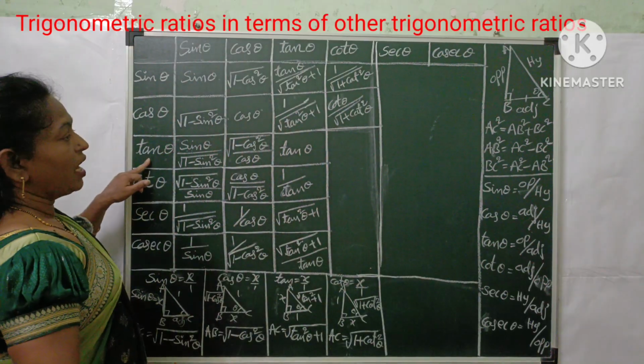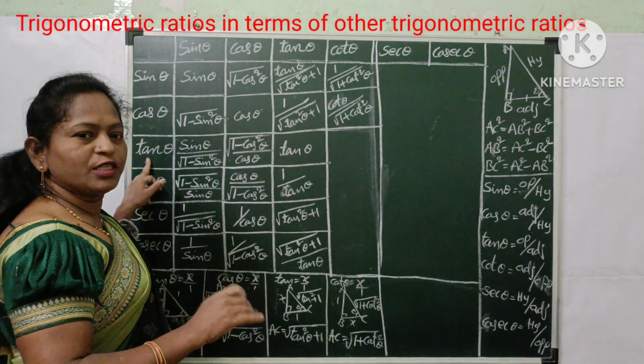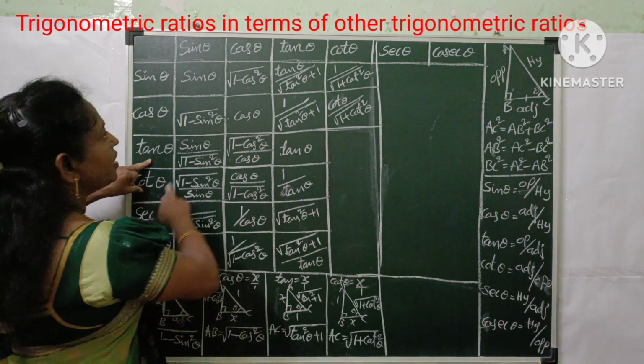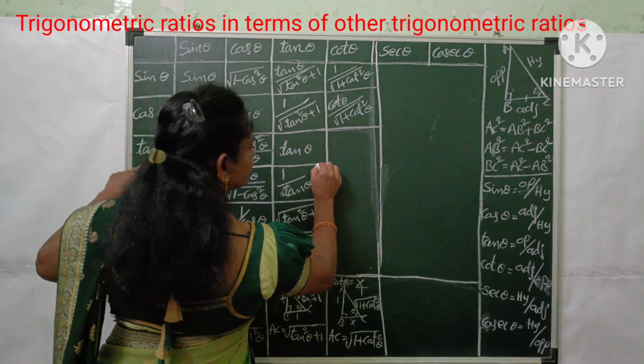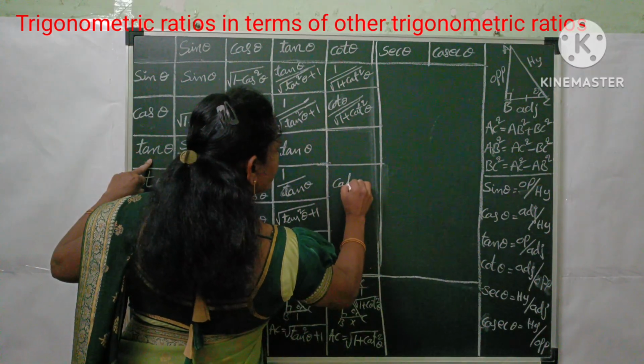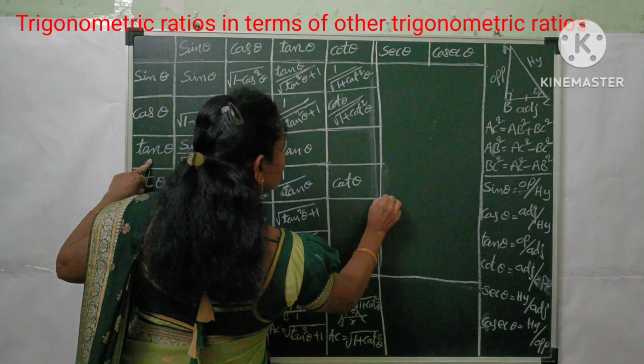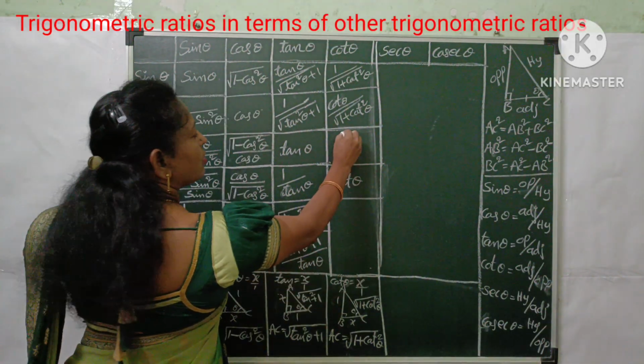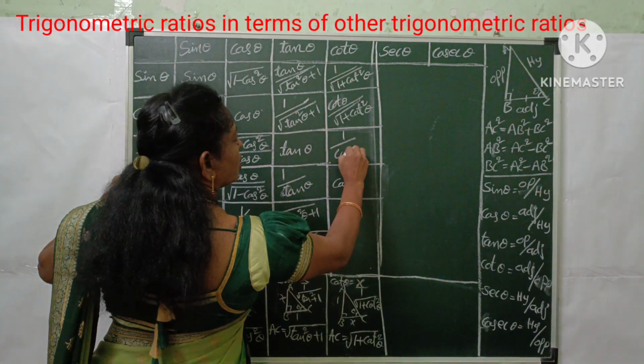Next, tan theta. Tan theta is a reciprocal of cot. Cot in terms of cot theta only. So, reciprocal of cot: 1 by cot theta.